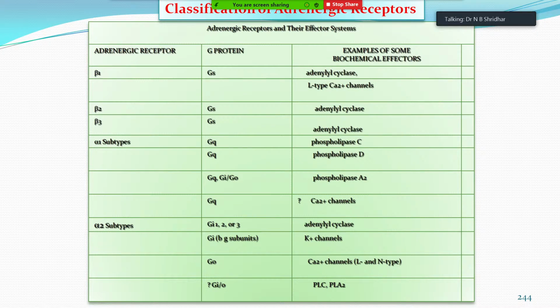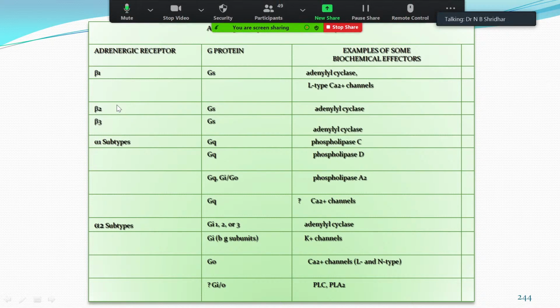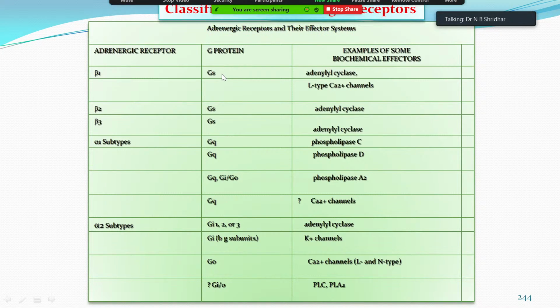In the adrenergic receptors, as usual, you know that there are alpha and beta receptors: beta 1, beta 2, and beta 3. Most of these are G protein coupled receptors, with G stimulatory type of proteins. The beta 1 receptors are activated by adenylyl cyclase and the calcium channels also.